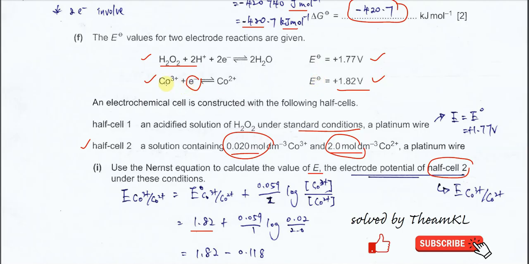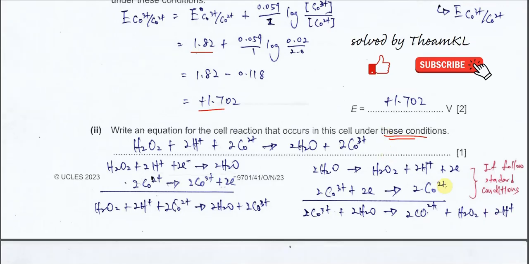And this cobalt-3 and cobalt-2 is more positive, so it stays as reduction form, and this one needs to reverse. Then you get this. If we follow standard condition, the first equation will reverse and the second will stay. Then the second equation times 2, and you sum up left to left, right to right, you get this equation.